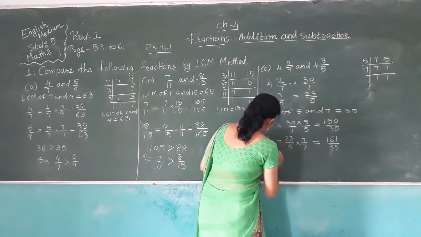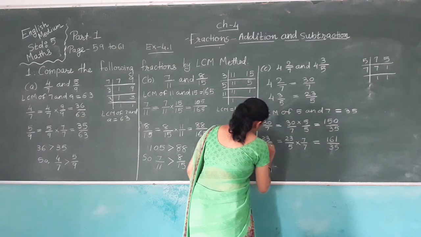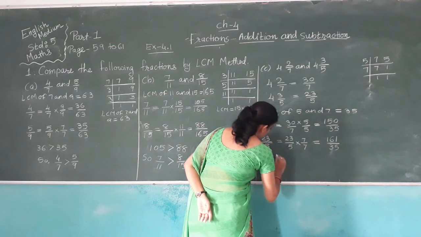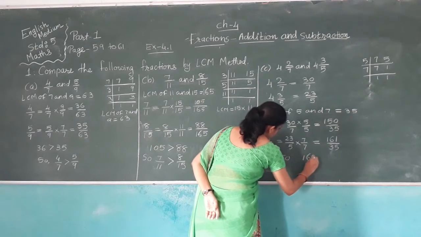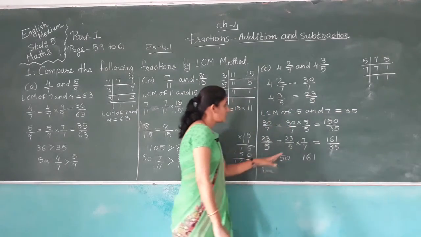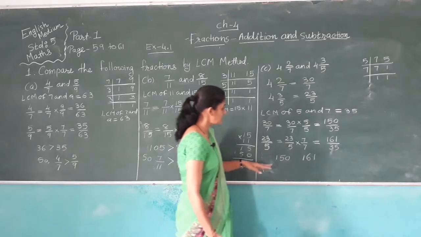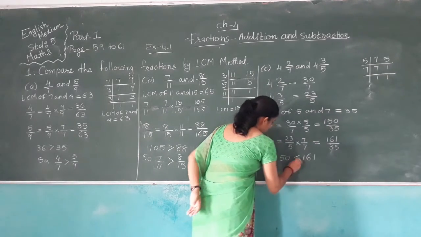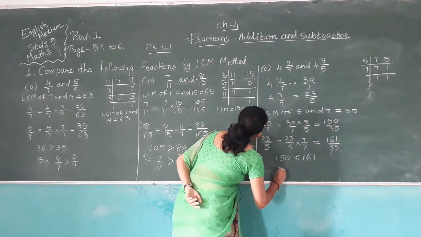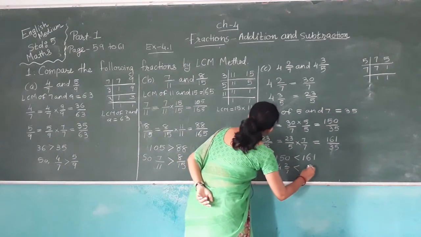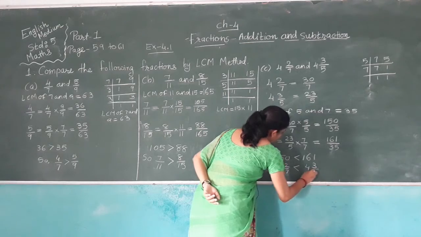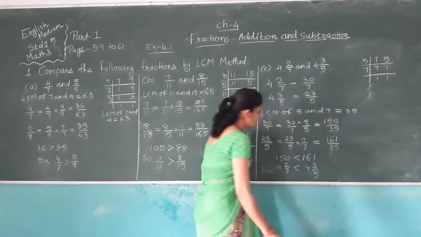Now check the both numerators. Here 150 and here 161. In both, which one is the greater? This one is the greater. That means 4 and 2 out of 7 is less than 4 and 3 out of 5.